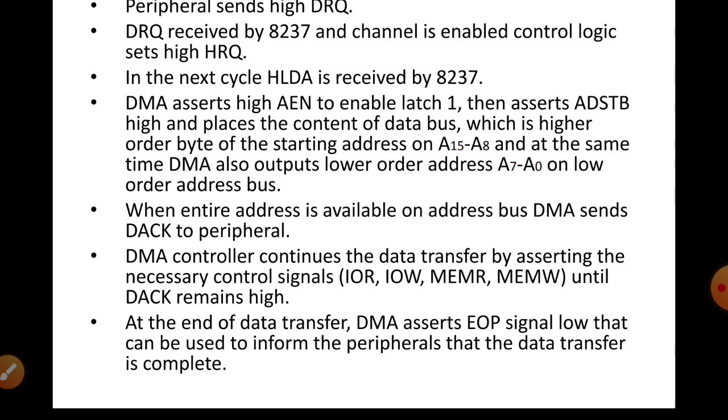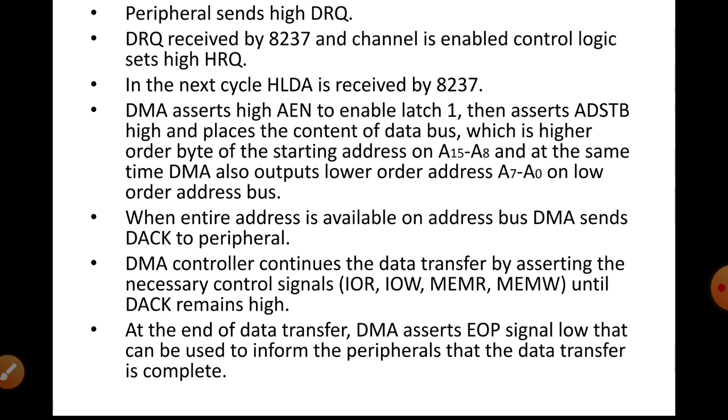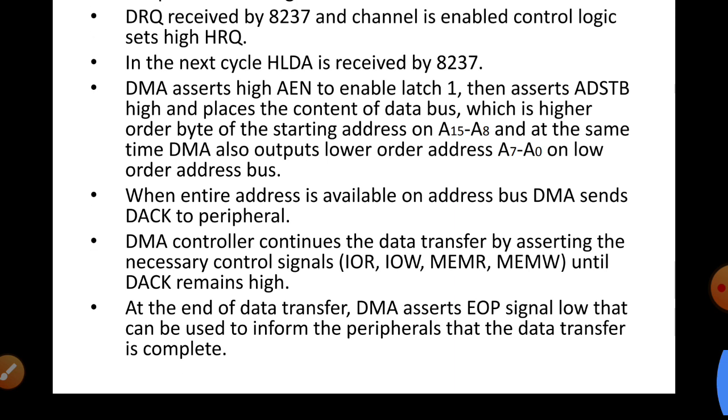It makes the AEN signal high, and with the help of that it enables latch 1. As I showed you, there are two latches being used. Then it asserts ADSTB high, and places the content of the data bus, which is the higher order byte of the starting address, on A15 to A8, and at the same time DMA also outputs the lower address on A7 to A0, as the lower order address bus.